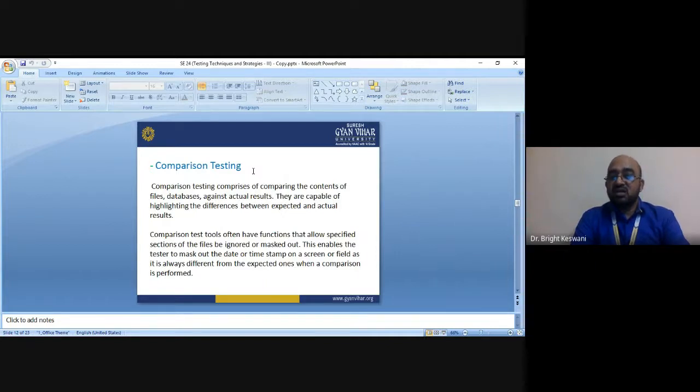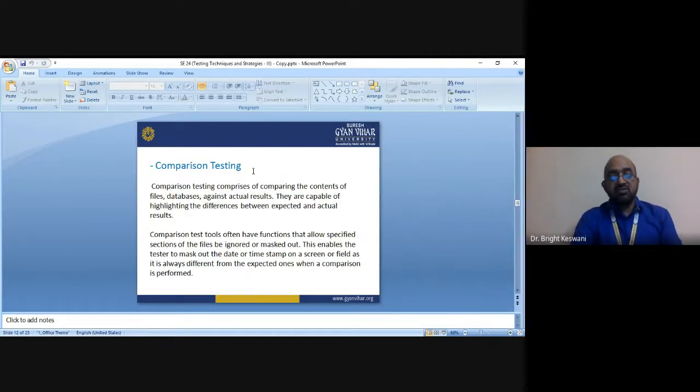There are comparison test tools. So comparison test tools often have functions that allow specified sections of the files to be ignored or masked out, and this enables the tester to mask out the date or time stamp on a screen or field, as it is always different from the expected one when a comparison is performed.